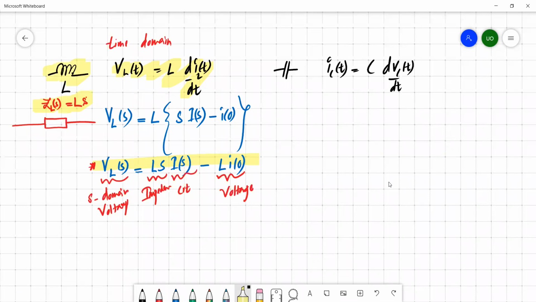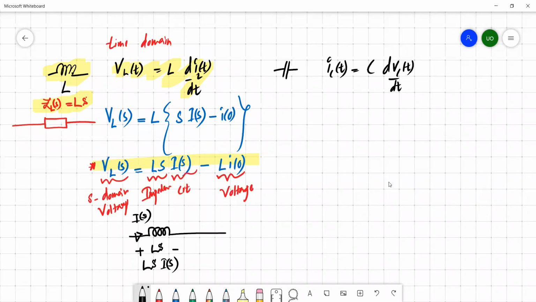And if you model this one, this is the voltage across the inductor. So we have the product of current and impedance. So then it's like this. We have an inductor, the impedance is Ls and the current flowing through this is Is. So there is a drop across this inductor as a product of Is and the impedance. So the voltage drop is Ls times Is.